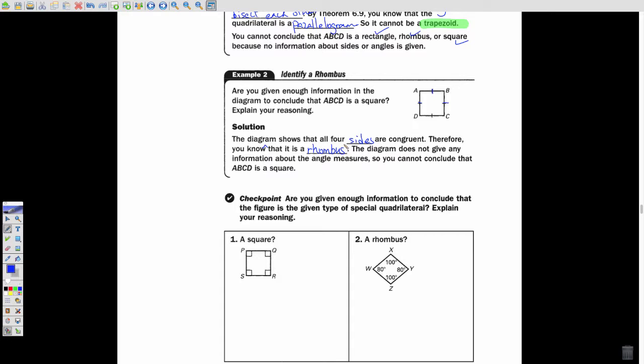Any quadrilateral with four congruent sides is called a rhombus. However, for this to be a square, we must know the interior angles are all 90 degrees. Since none of that is given, we don't have enough information to conclude that this is a square. Okay, so use that information to try to figure out these two problems.